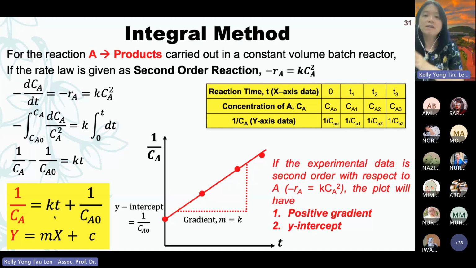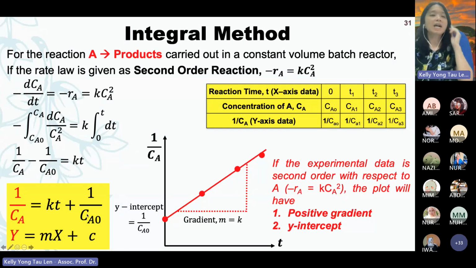So kamu ada equation kan? Okay, so kamu tengoklah apa yang saya plot, compare dengan equation yang kamu ada, and you have to remember kan, sebenarnya requirement plot tu kamu refer kepada equation dia sahaja. Kalau equation dia ada negatif di hadapan k, maka plot dia mesti ada negative gradient.